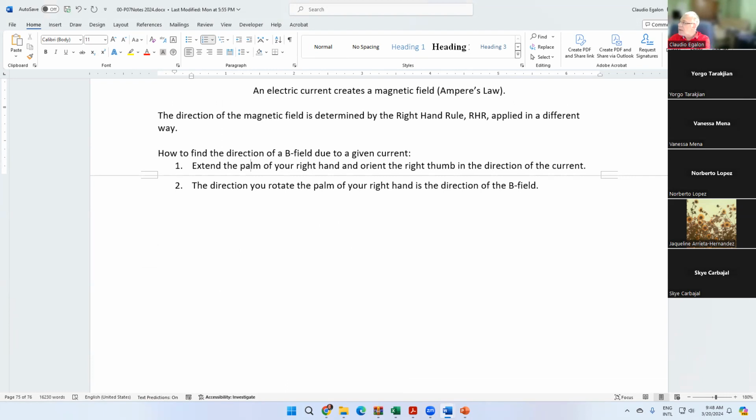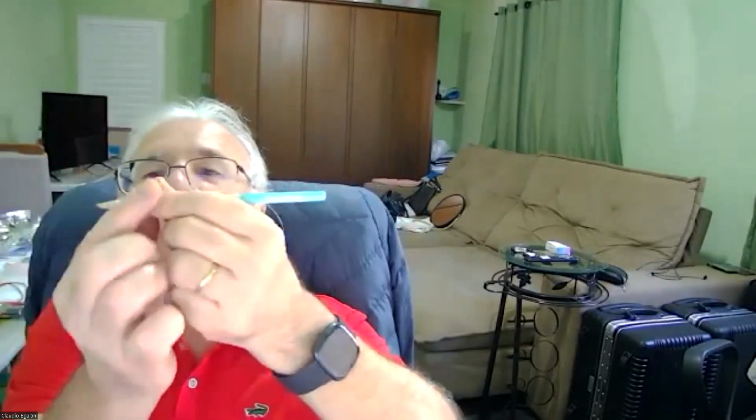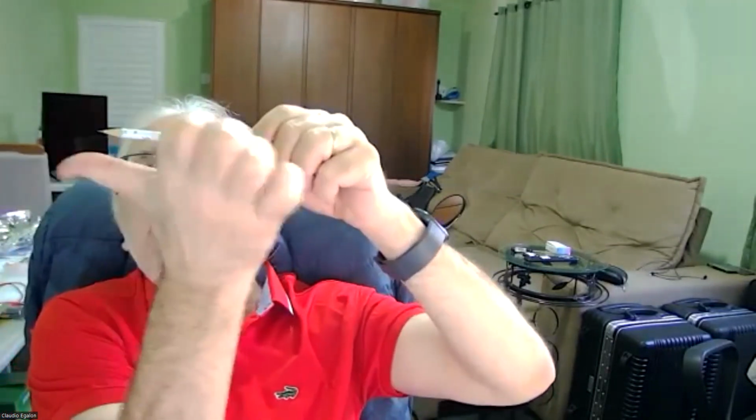Let's stop sharing again so you can see me better. Here is the direction of my current, right? The current is in the direction of the tip of my pencil, so the current is pointing in this direction.